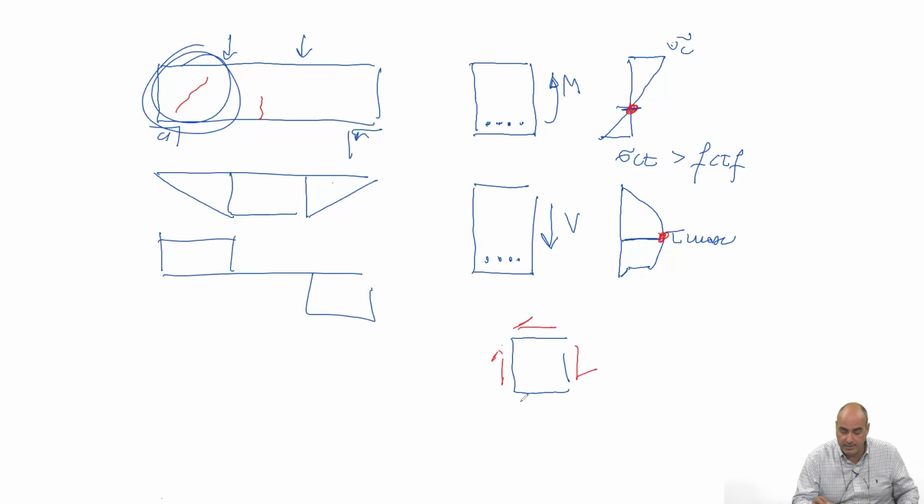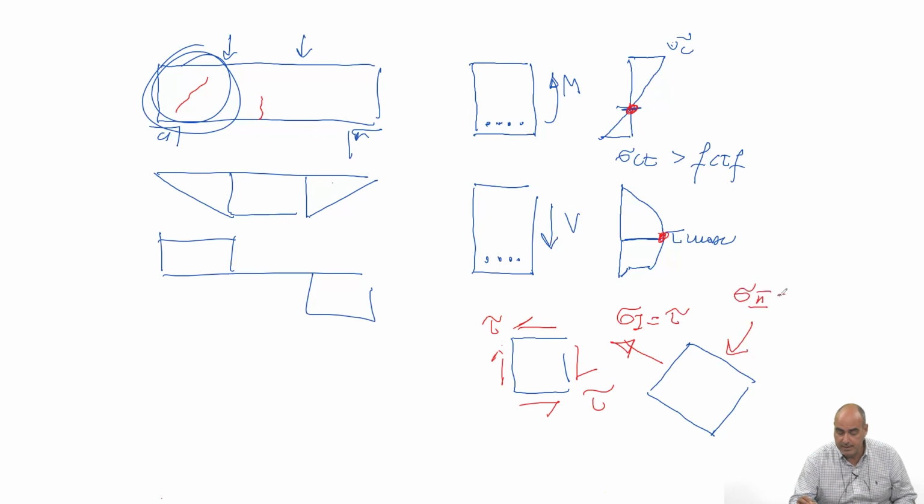So your state of stress, tau, is like this. And this is equivalent to a principal stress state, which is tensile here, sigma prime equal to tau, and compressive here, sigma second equal to tau, and this angle is 45 degrees.